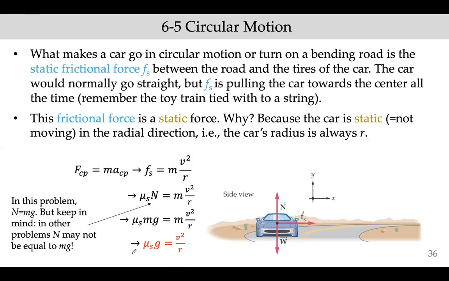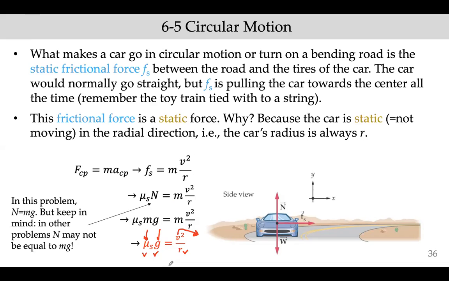Or you can go the other way. Let's say you know the static friction coefficient. Usually you cannot really change it because it depends on the tires and the road. There's not much freedom to change it. g, you cannot really change. It's fixed. So you know this one, you know this one. And if you know the radius as well, you can find the velocity, the maximum velocity that is safe for this car to make a circular motion, so that it doesn't slide out or spin out of the road.